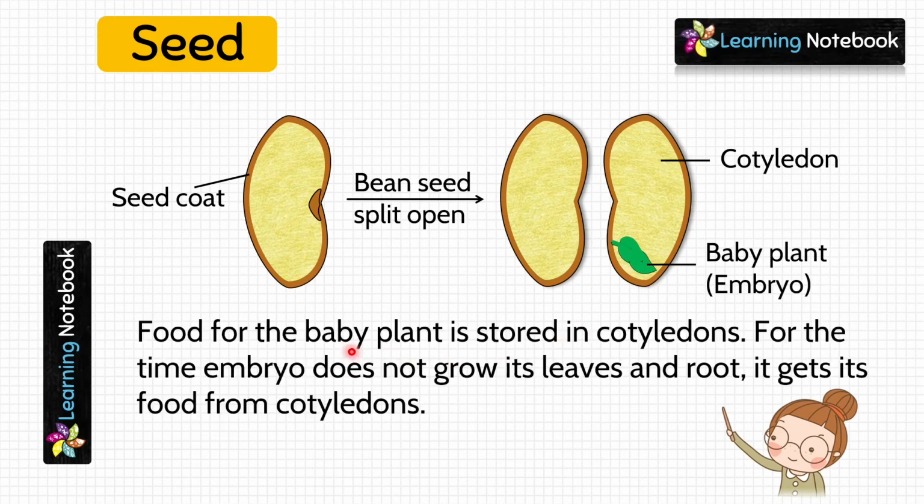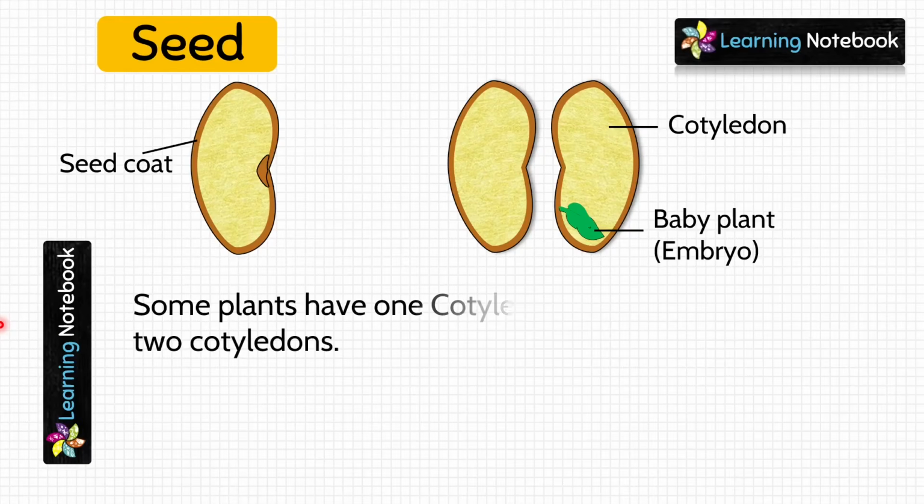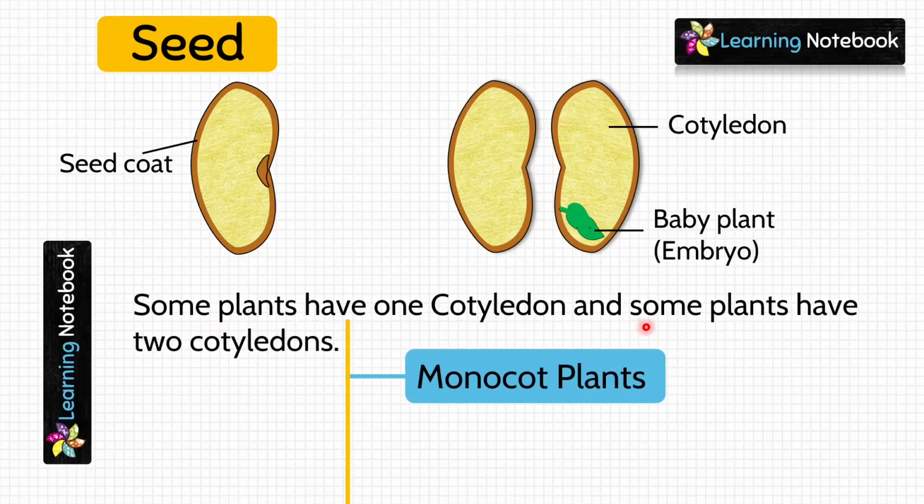And food for this baby plant is stored in cotyledons only. For the time the embryo does not grow its leaves and roots, it gets its food from cotyledons. Students, some plants have one cotyledon and some plants have two cotyledons.